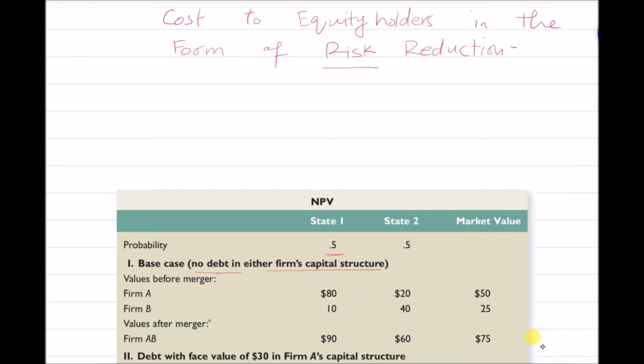Both states have 50% chance of happening, therefore we will multiply both of these with 50% and add the values. So this will be 40 and this will be 10, and total value for firm A will be 50. Similarly, for firm B, which has a value of 10 in state 1 and value of 40 in state 2, we will just multiply them with their probabilities and get their market value of 25.